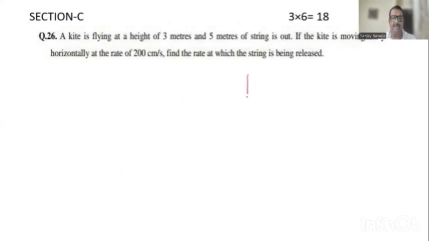Now, if I draw the diagram like this, height is fixed 3 meters. So, wherever kite goes, height remains the same, but the distance from this point is changing continuously, because kite is moving away horizontally. So horizontal distance is changing.